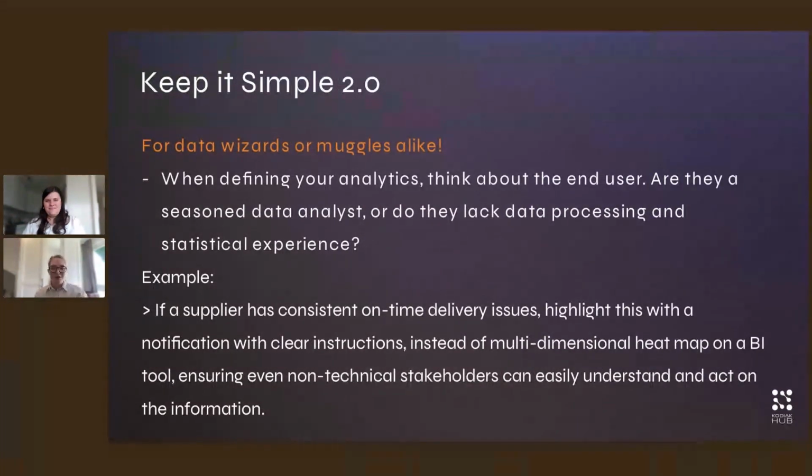And really to follow this up, another reason to keep it simple: you might have some people on your team who are considered data wizards, seasoned data analysts, but it's probably likely that you also have some people within your teams or your organization who are a little bit less seasoned when it comes to processing data or with statistical experience.